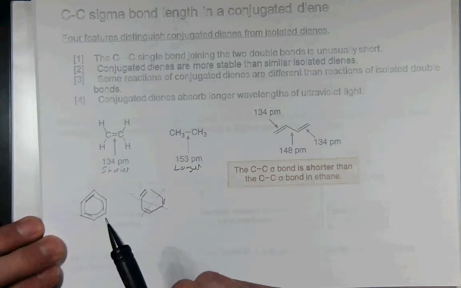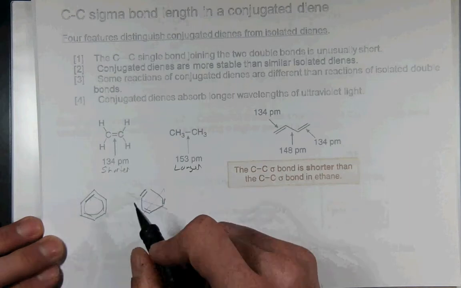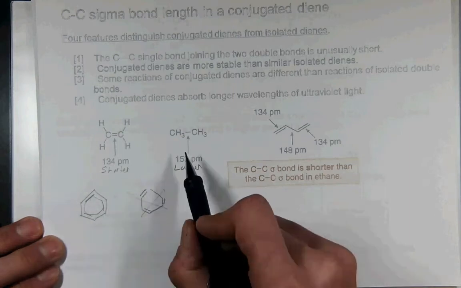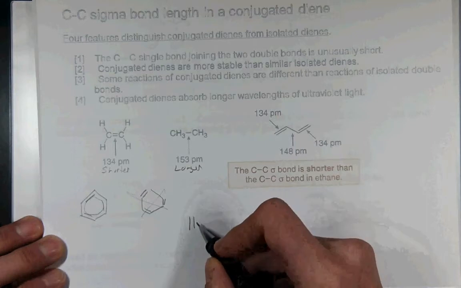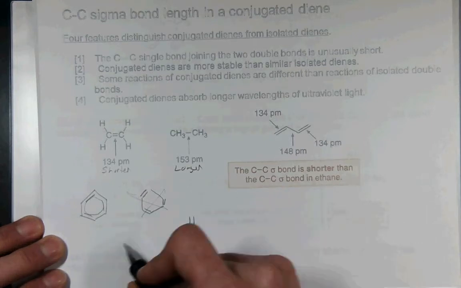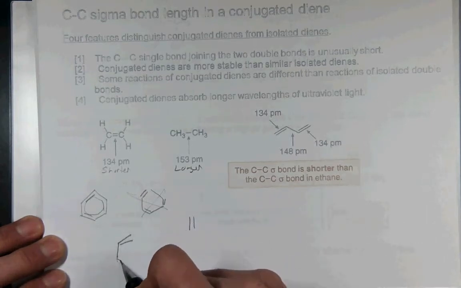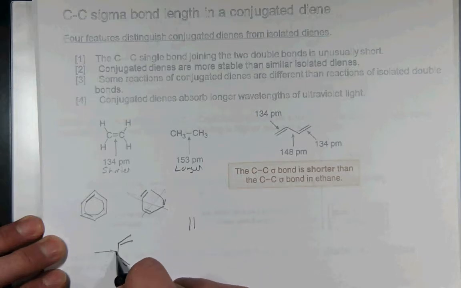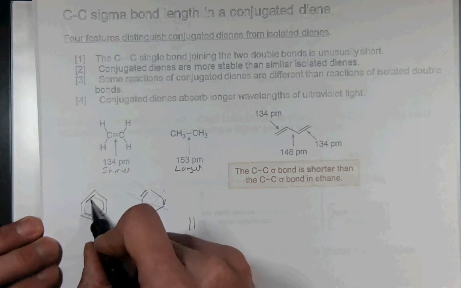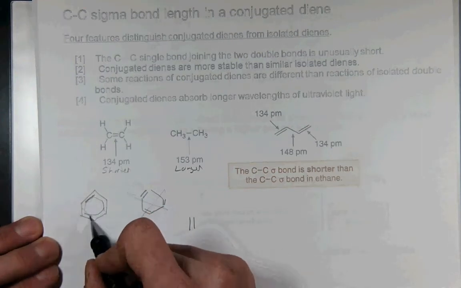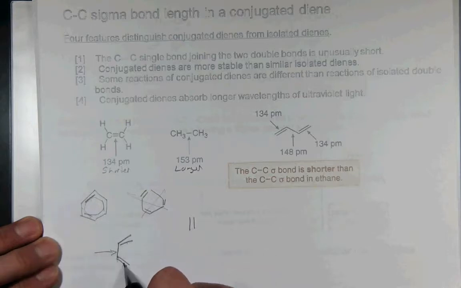We see something similar in these conjugated dienes. I'll draw a cis conformation. We're talking about this single bond here. We've got a double bond, single bond, double bond, single bond, double bond.